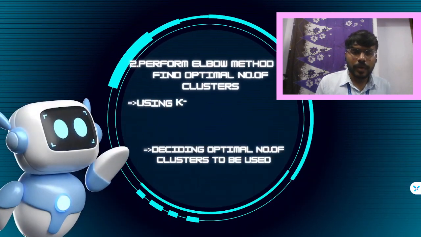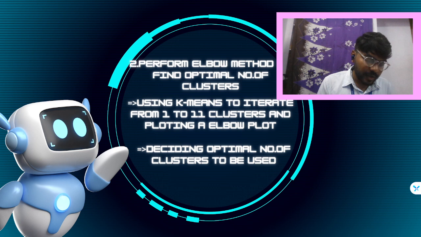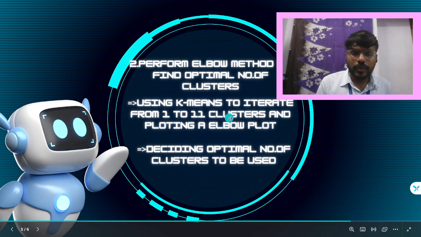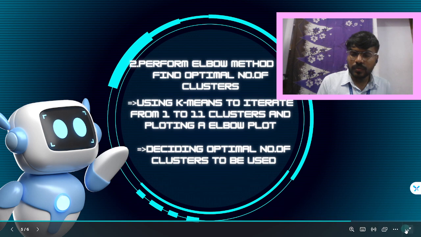Next, we are going to perform the elbow method to find the optimal number of clusters. The elbow method is mainly used to determine the optimal value of k, using k-means clustering to iterate from 1 to n clusters and plotting an elbow plot, deciding the optimal number of clusters to be used. This we need to see now.